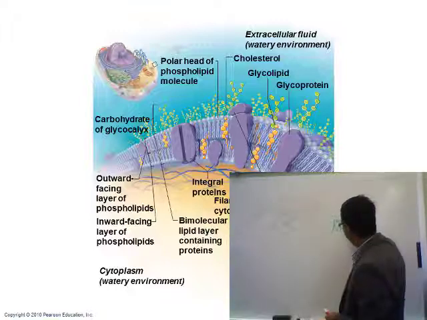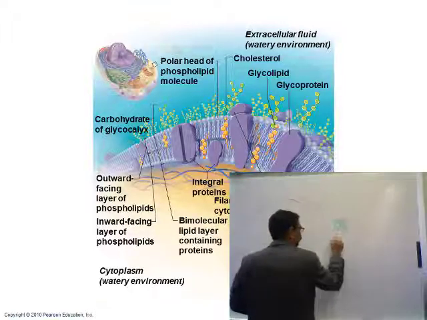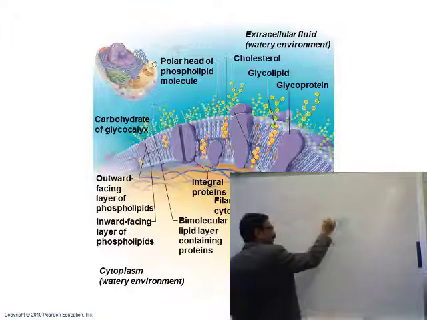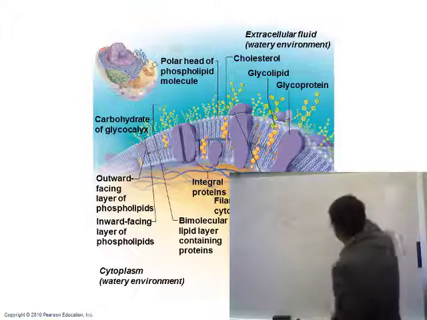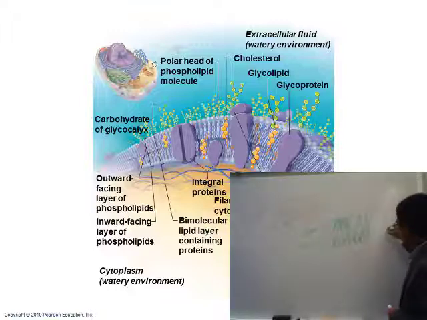That's why it's called phospholipid bilayer. These are the phospholipid molecules. This is one layer of phospholipid. This is another layer of phospholipid. And in the phospholipid you will see proteins often embedded. So this is the structure of the cell membrane.